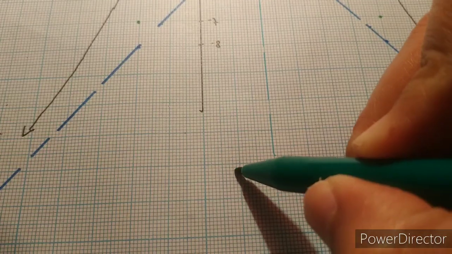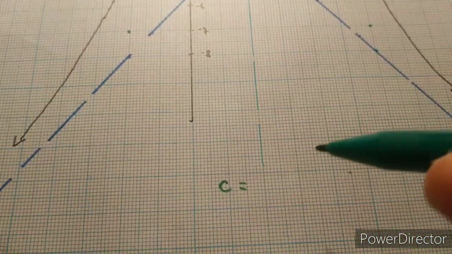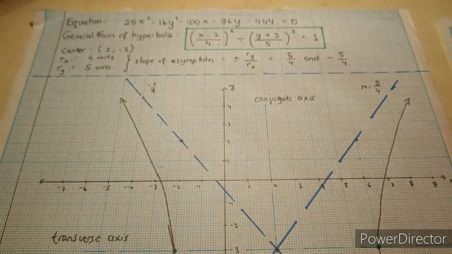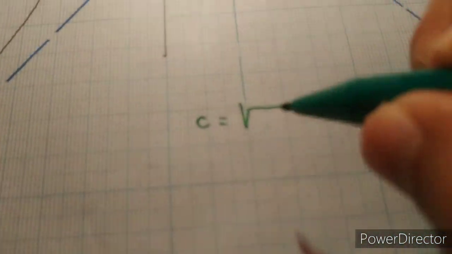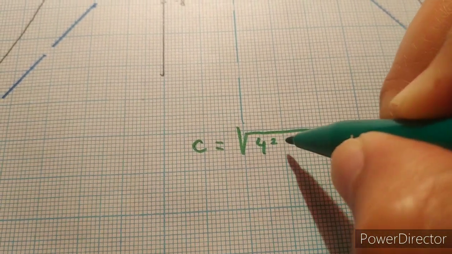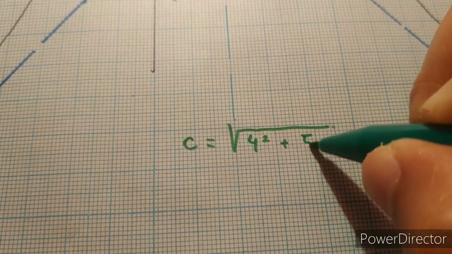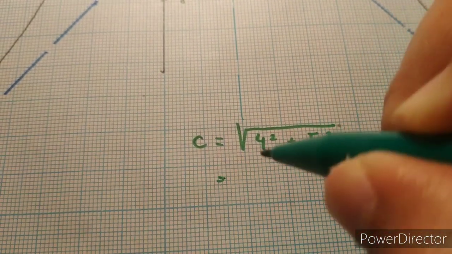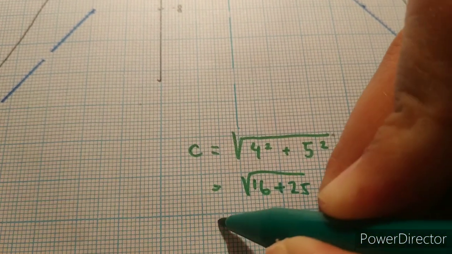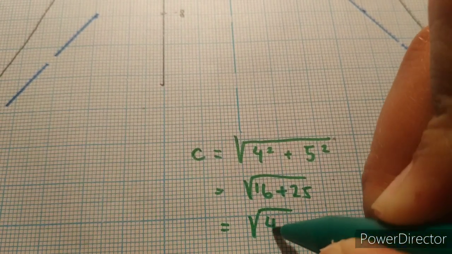Since the C, or focal radius, equals the square root of rx squared plus ry squared, it is the square root of 4 squared plus 5 squared. So it equals the square root of 16 plus 25, which equals the square root of 41.